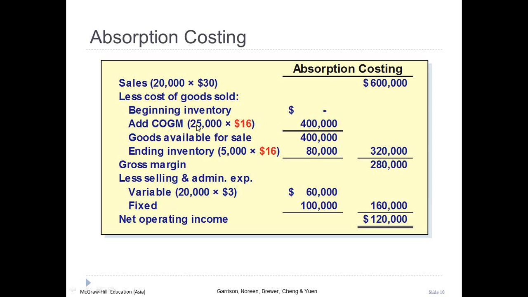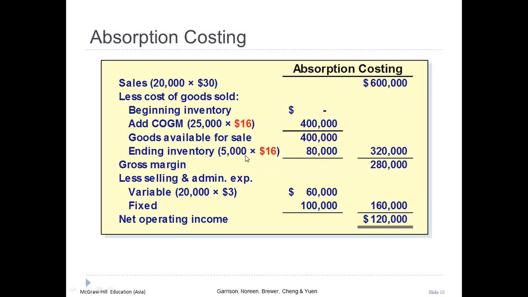So we made, remember earlier, 25,000 units times $16 a unit, $400,000. Gives you goods available for sale. Beginning inventory is 0 plus 400,000 gives you 400,000 available for sale during the period. And then ending inventory was 80,000. You made 25,000 units, you sold 20,000 units, you had 5,000 units remaining, ending inventory.